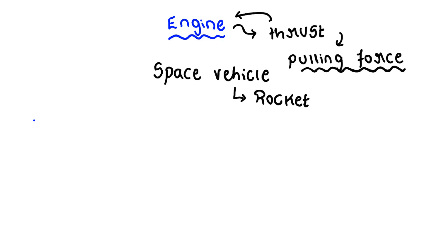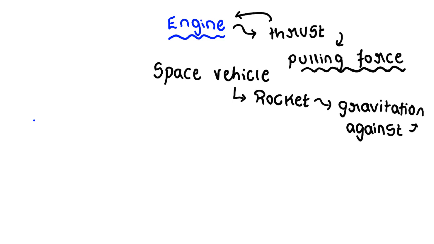But when you take a rocket, it goes against the gravitational force. Rocket actually travels against the gravitational force. So if any object is going against the gravitational pull, it requires a lot of fuel to be burned to lift the object against the gravitational pull. So it requires great engines.